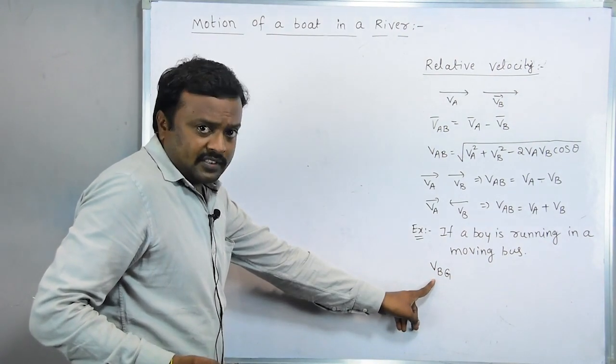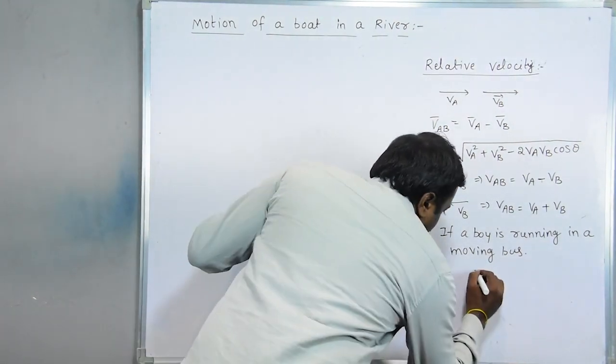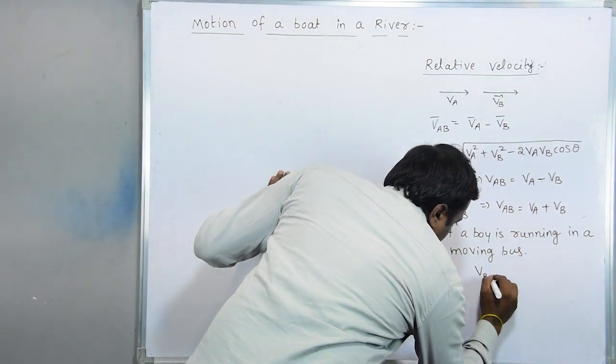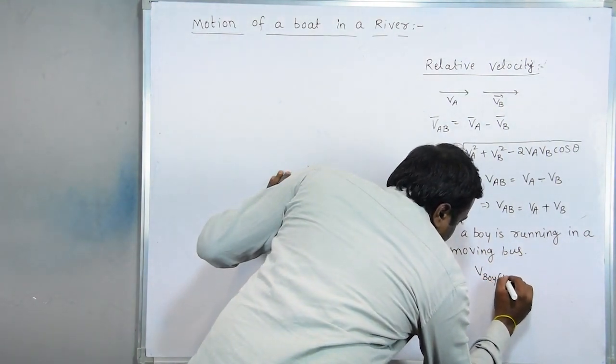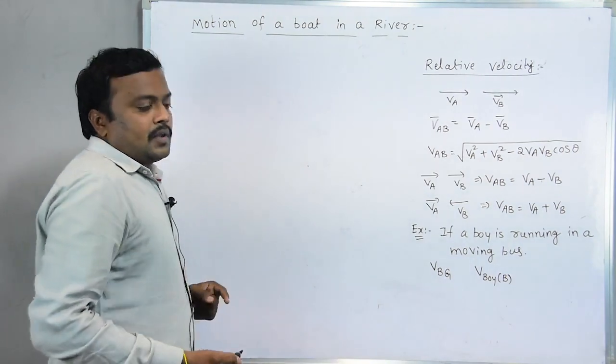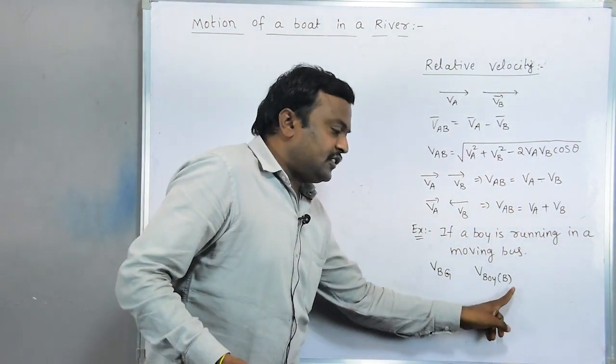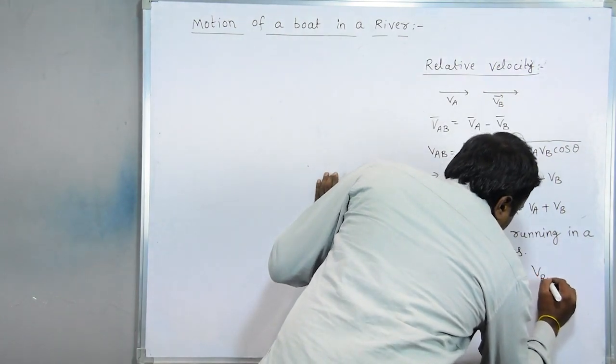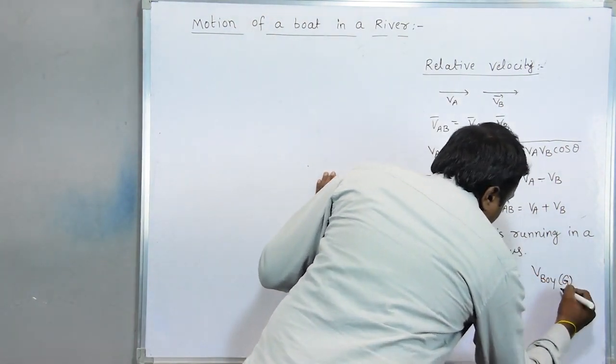This is the actual bus velocity. Second, velocity of boy with respect to bus. Third, actual velocity of boy with respect to ground.